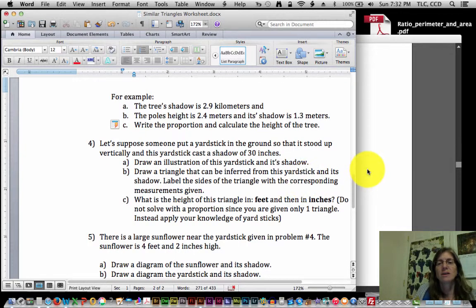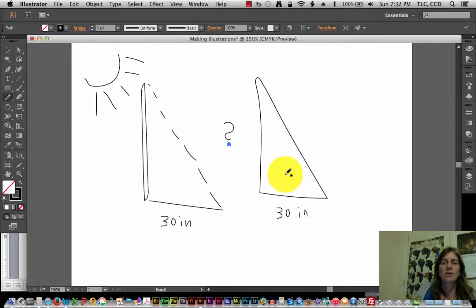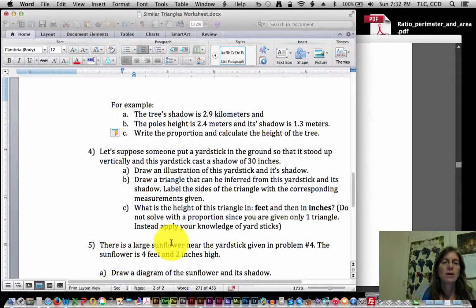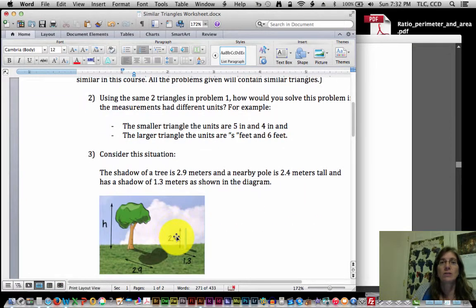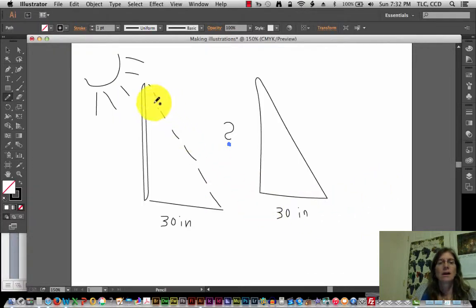You can't. This is one triangle, one situation, as opposed to the earlier problem where you had two situations that created two triangles, a tree and a pole. This is only a yardstick and a shadow.